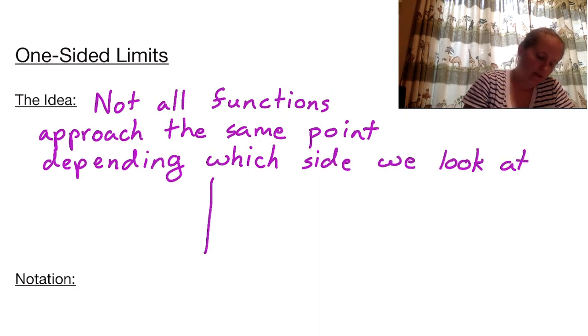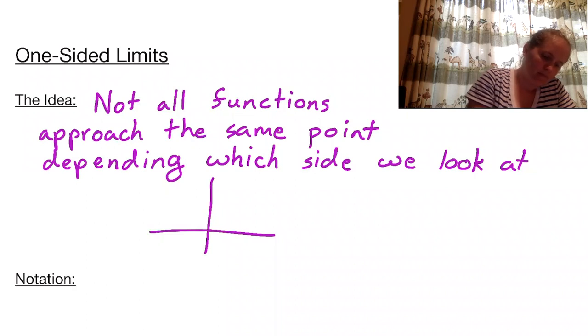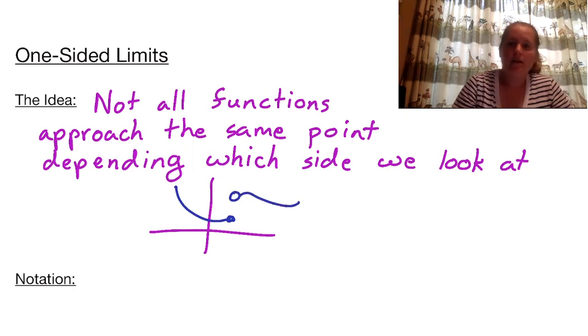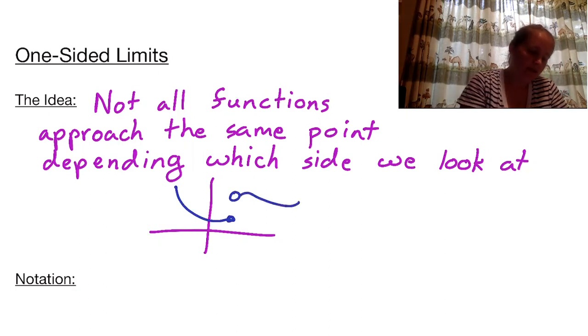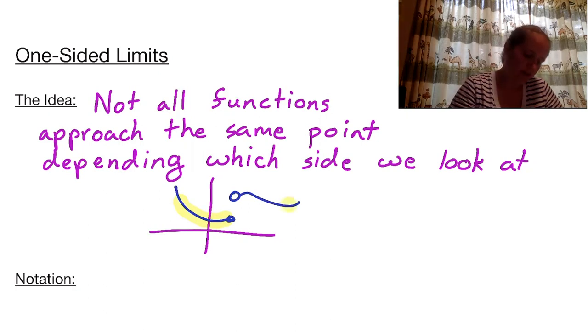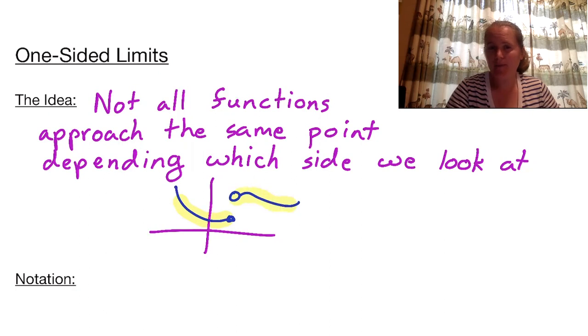So if we look at the graph here, if we come from the left side, as we make our way in, it appears we're, say, approaching 1 for our y value, versus as we come from the right, it appears we're approaching, say, 3.